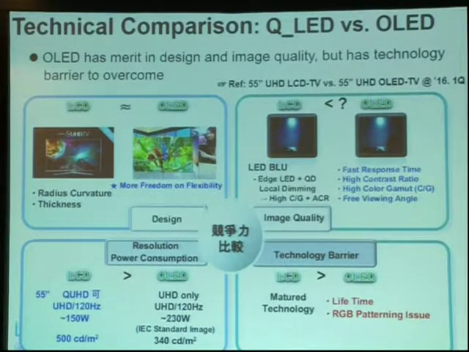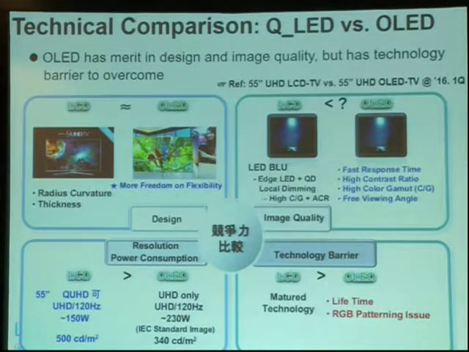Actually, I compared the optical properties from actual real production: a 55-inch ultra high definition LCD TV, actually QLED, and also a 55-inch OLED TV from the first quarter of last year.